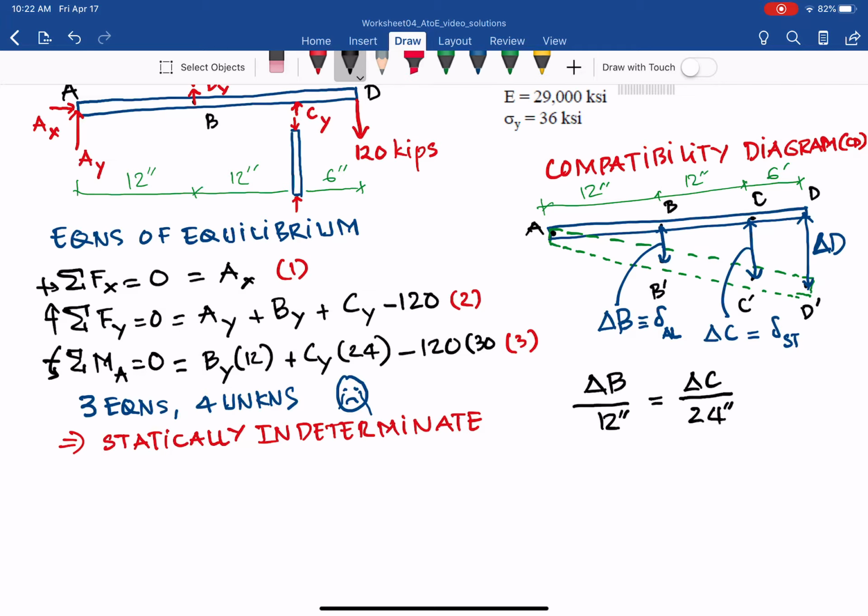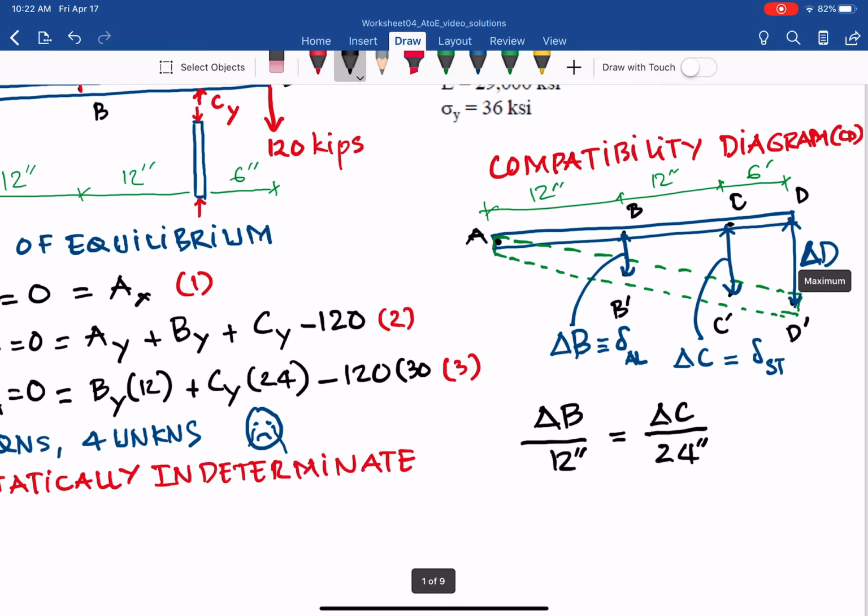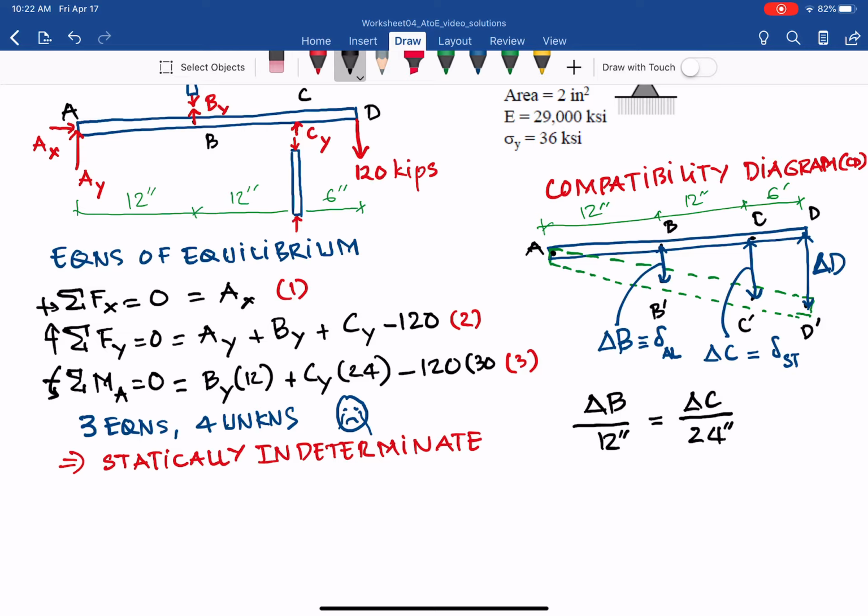If you are not sure what that is about, we use the similar triangles AB B apostrophe and AC C apostrophe to get that ratio. That is another equation to solve, right? So let's elaborate that equation out.